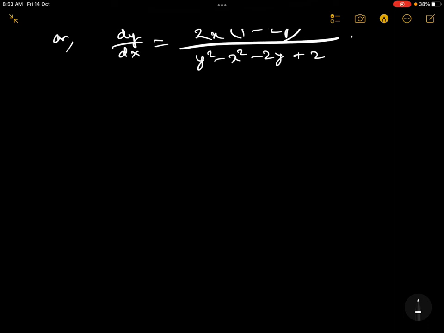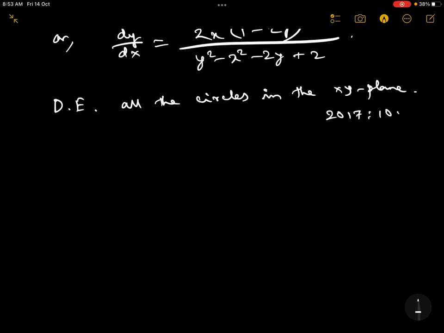Now we're going to find the differential equation representing all circles in the xy plane. This is 2017, 10 marks.